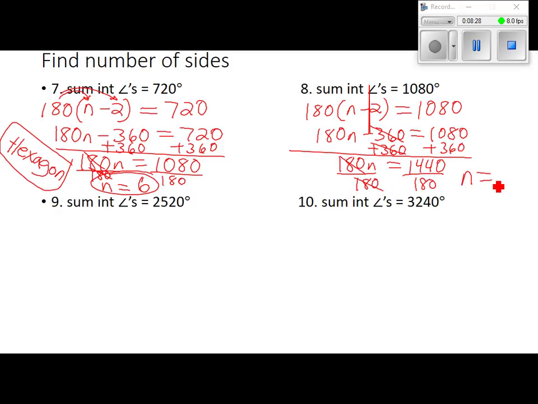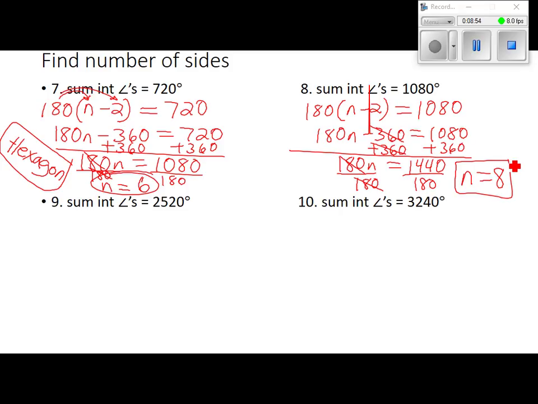What's n end up equaling? 8? Is 8 right? Yep. 1440 divided by 180 is 8. So how many sides does that shape have? 8 sides. It's an octagon. If the sum of the interior angles of a shape is 1080, we know it's got 8 sides. It's got to be an octagon. 16-gon, 20-gon. Next one.